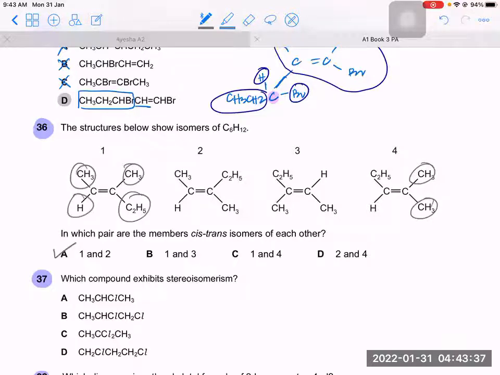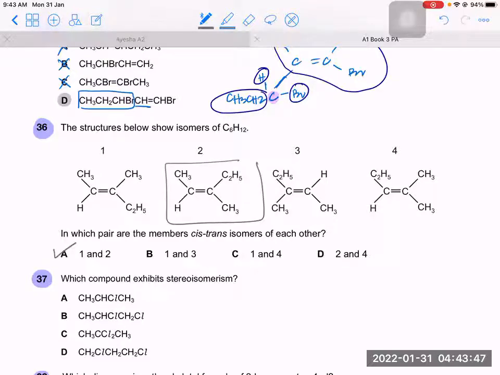So they're different compounds altogether. Understood? And why can't it be 2 and 4? Because again, they are different compounds. Here, on this carbon, you have 2 CH3s. That's not the case in 2. The answer, therefore, is A. Is this understood? Is this clear?